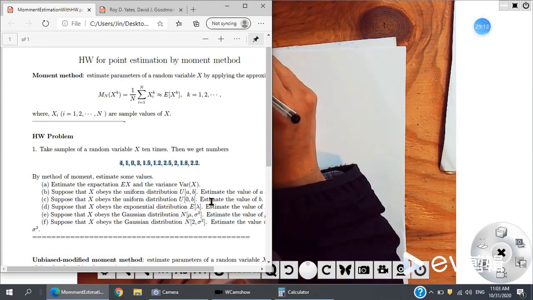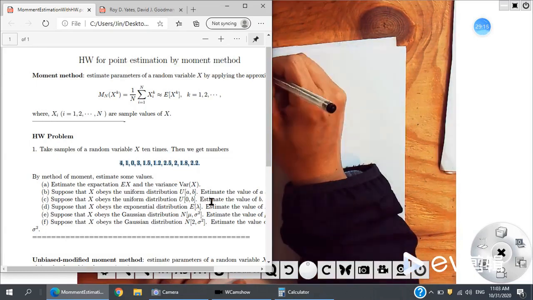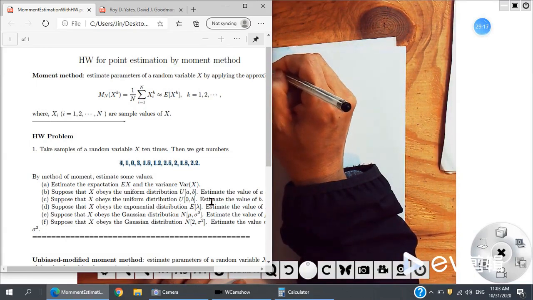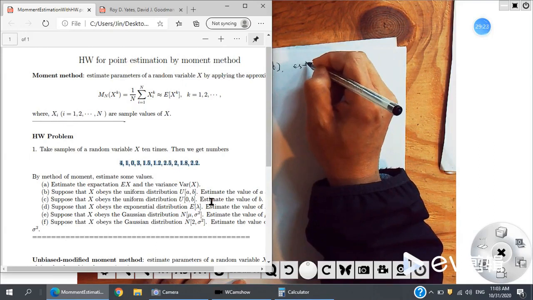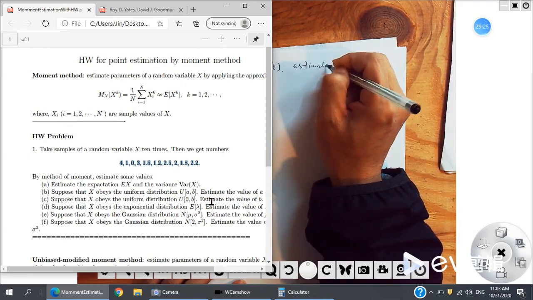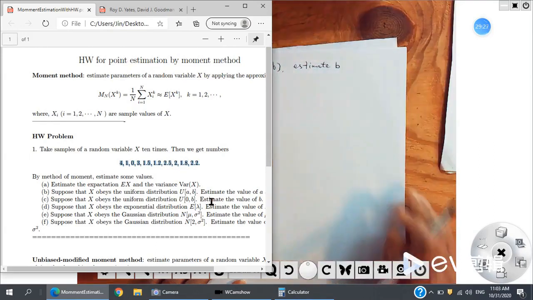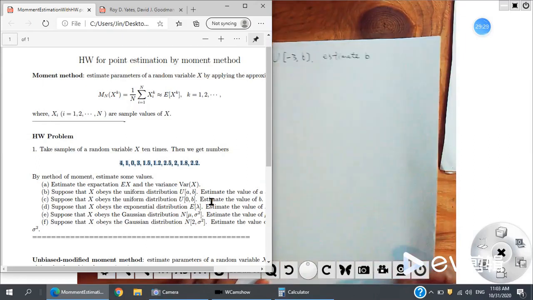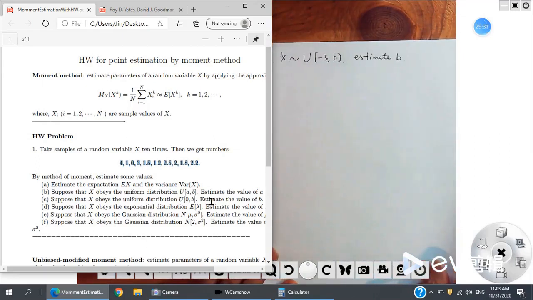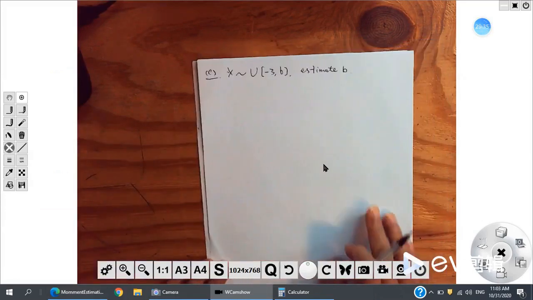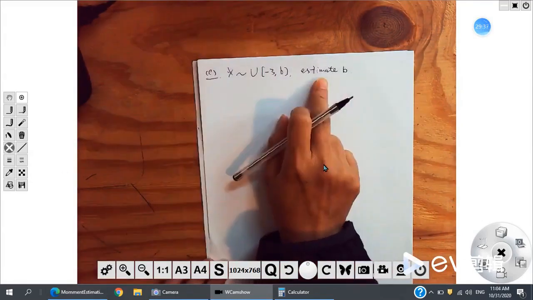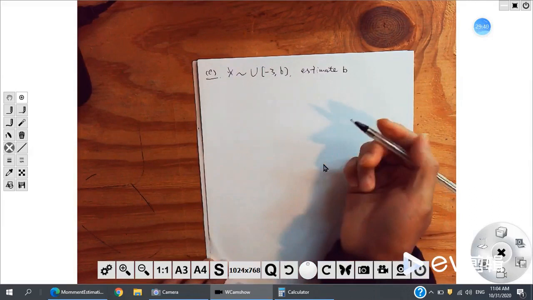So X obeys a uniform distribution from negative 3 to B. We estimate B. Yeah, we suppose X, let me turn this off, I suppose X obeys this one.